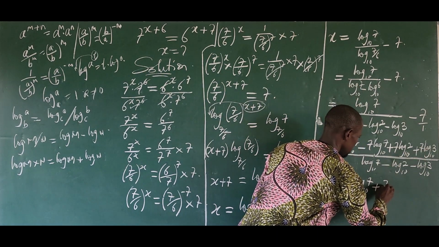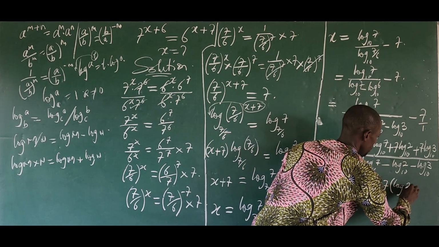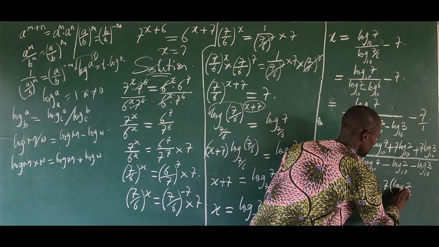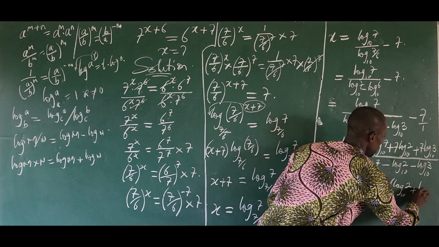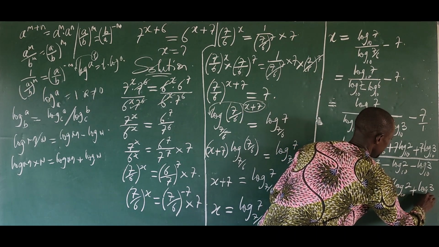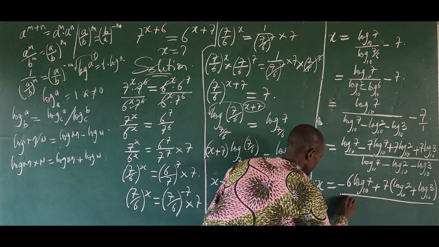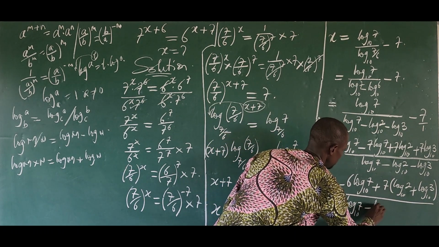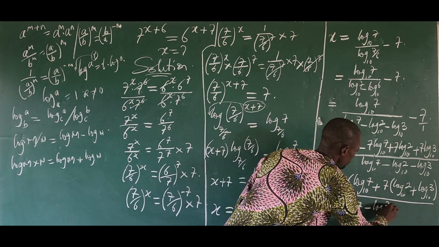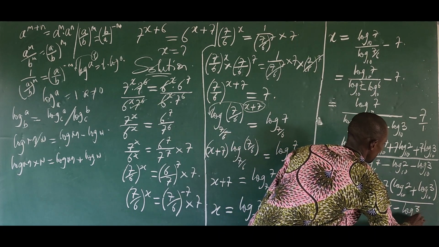So plus 7 into log 2 base 10 plus log 3 base 10, close bracket, everything all over log 7 base 10 minus log 2 base 10 minus log 3 base 10.